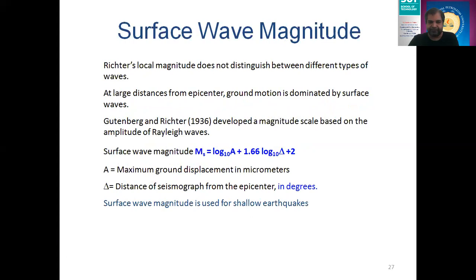It's very easy, right? Similarly, there is a surface wave magnitude also. For example, suppose you want to measure the magnitude of an earthquake at a place very far away from the epicenter.